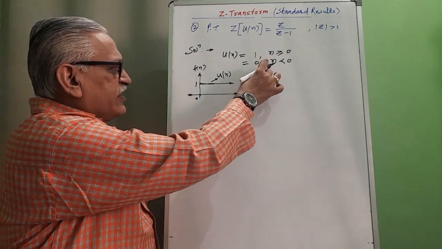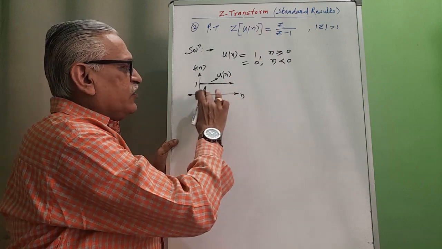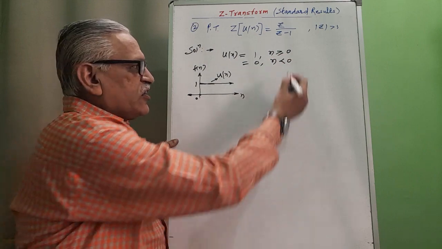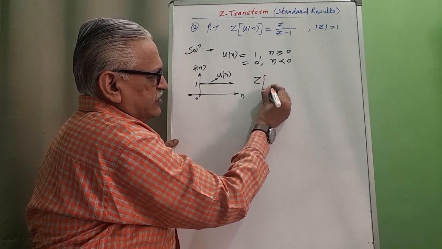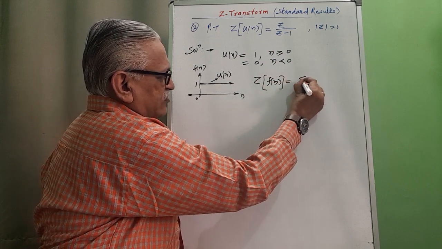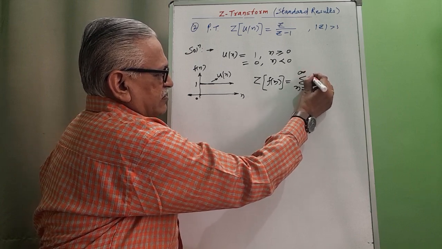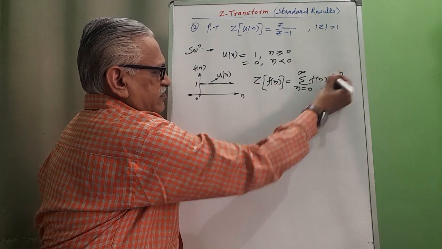And after defining that term, we try to find out Z transform of that unit step function. As it exists for n greater than or equal to 0 values only, we use that result, Z of f of n as summation from n equal to 0 to infinity f of n into z raised to minus n.